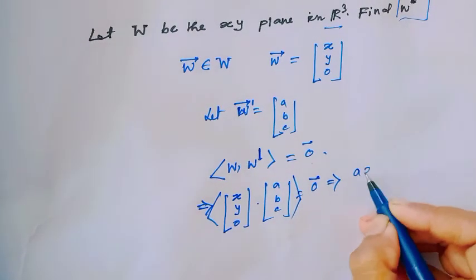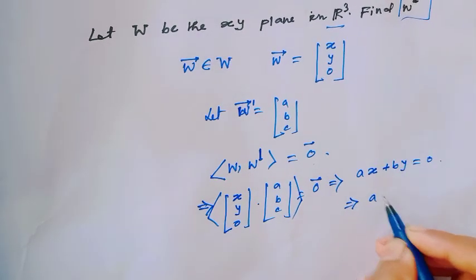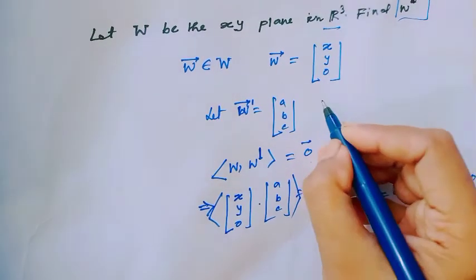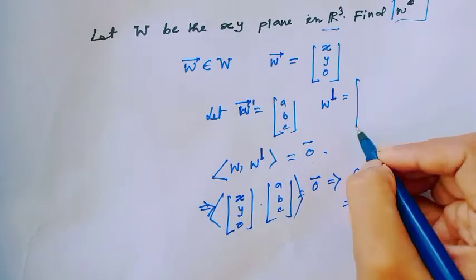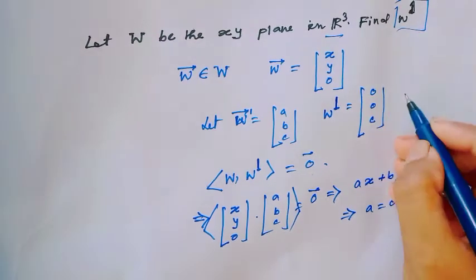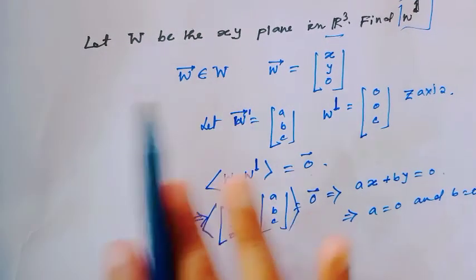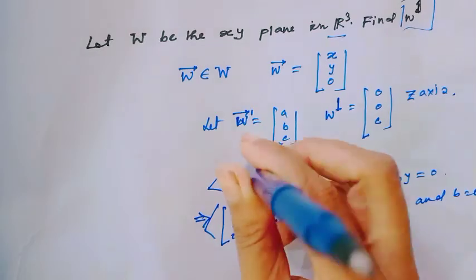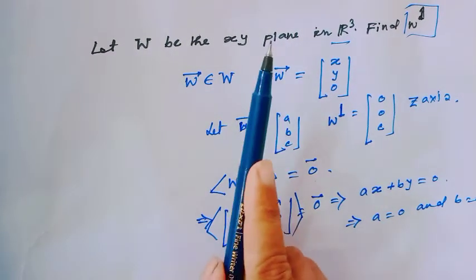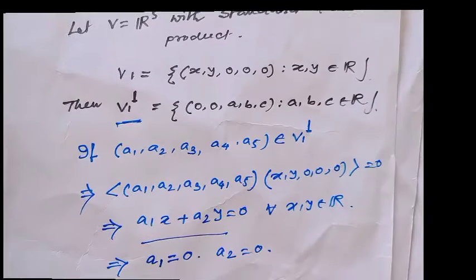That implies ax plus by equals 0, which implies a equals 0 and b equals 0. That means W perp is the set of vectors that look like (0, 0, c), and this is nothing but the z-axis. Therefore, the orthogonal complement of the xy plane is the z-axis. Notice one thing: W intersection W perp contains only the 0 vector.